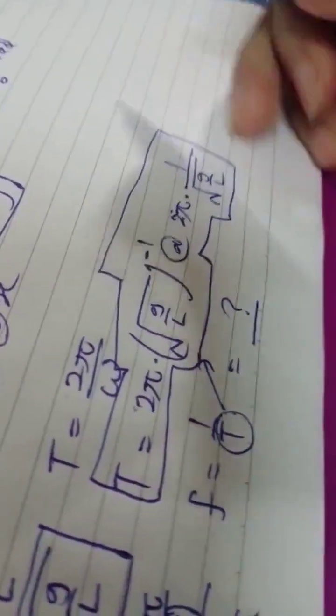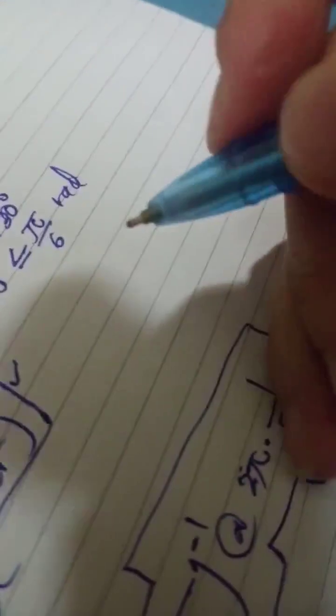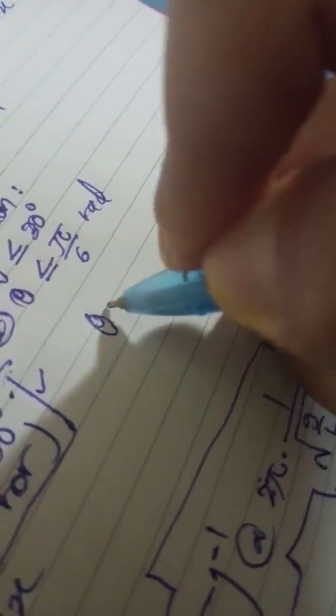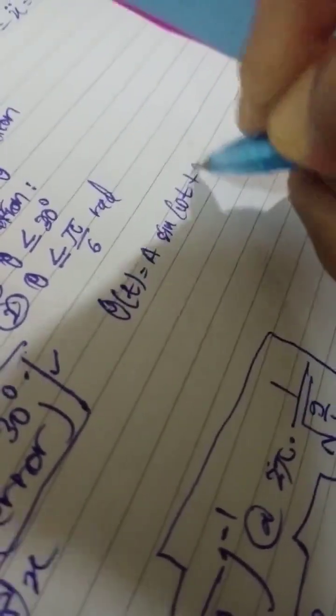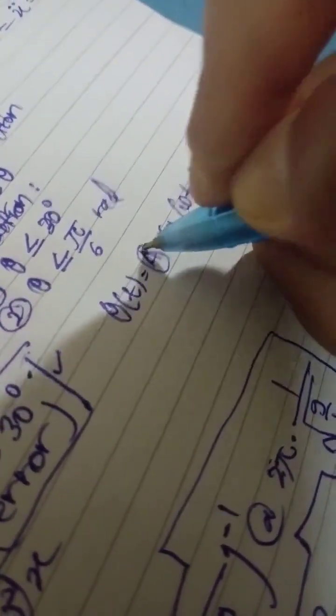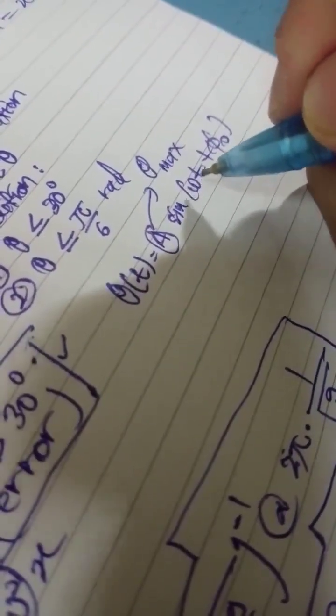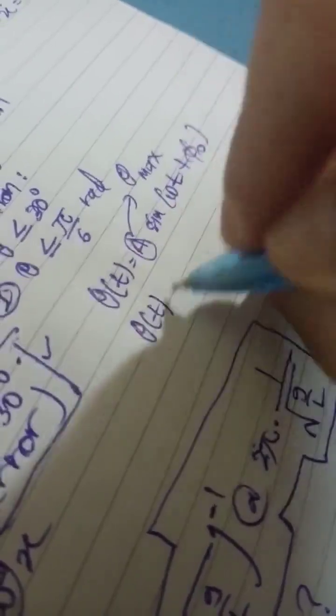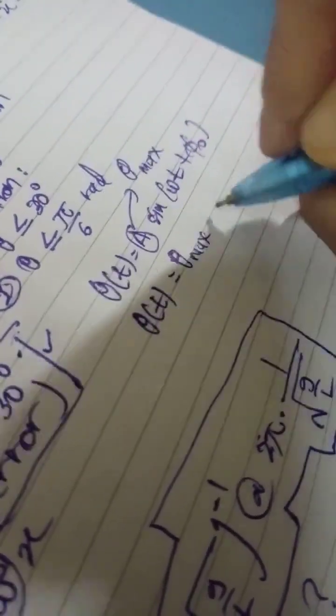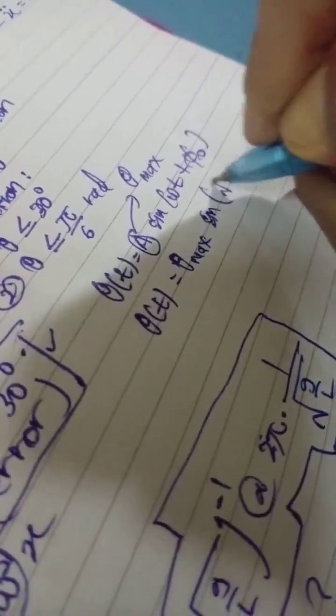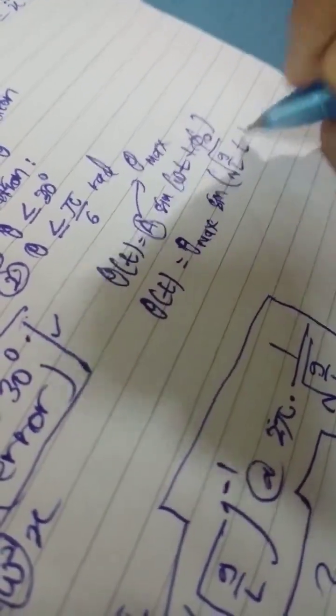Alright. Now from this equation we have omega, and we can form the equation for simple harmonic motion, which is theta(t) equal to A sine(omega t plus phi naught). A is the maximum displacement, which is theta max, and omega is square root of g over L. So theta(t) is equal to theta max sine of square root of g over L times t plus phi naught.